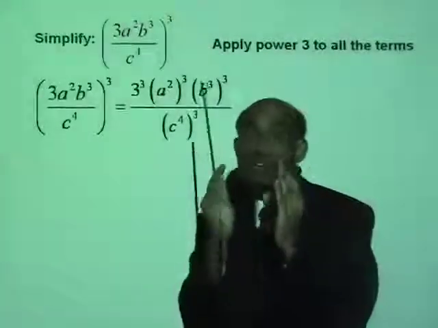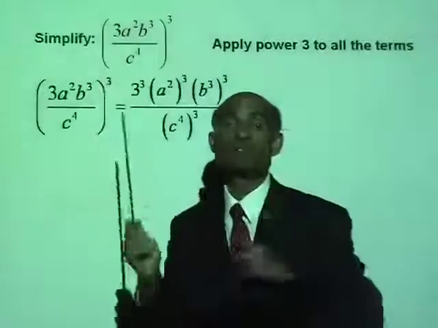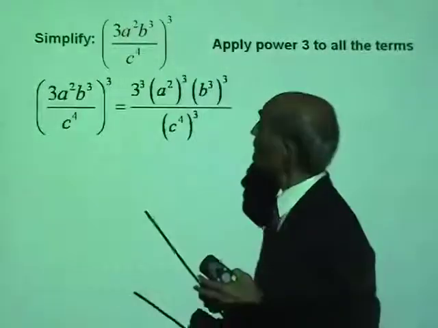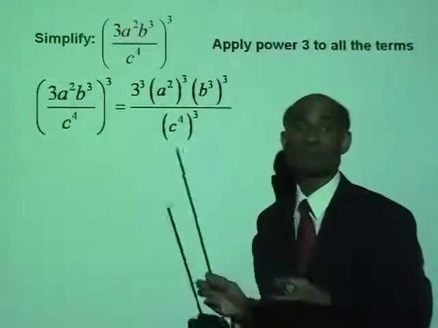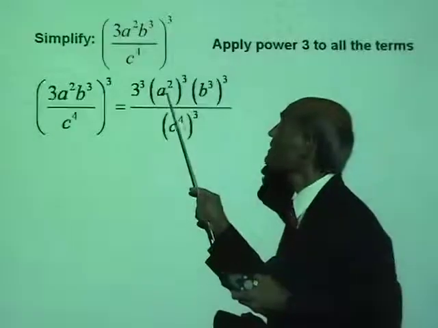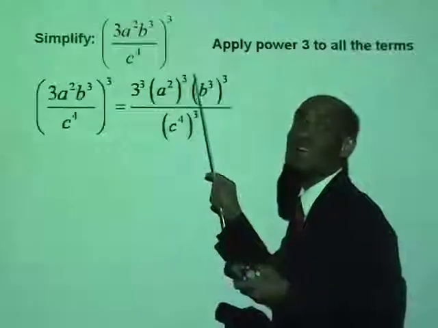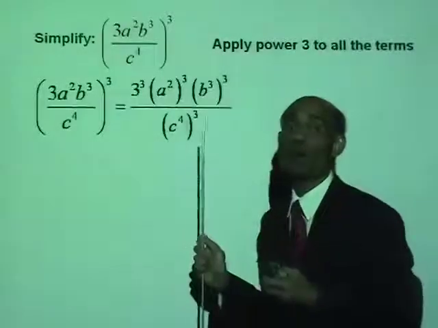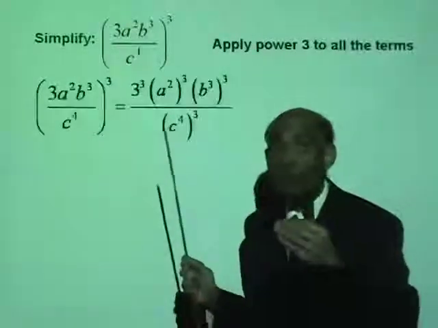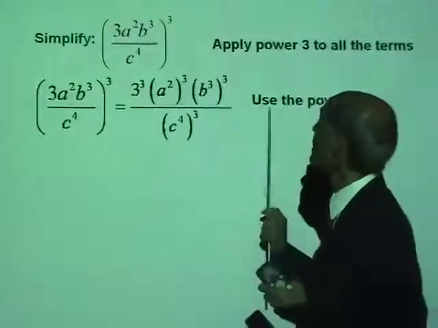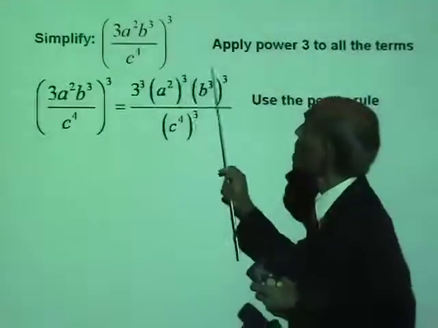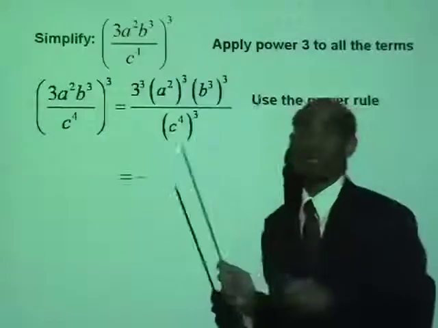We take each quantity and raise it to the power of 3. What is the next thing we can do here? You see here, each of these quantities is an exponent raised to a power. We can now apply the power rule for each of these. Use the power rule to simplify each of these.